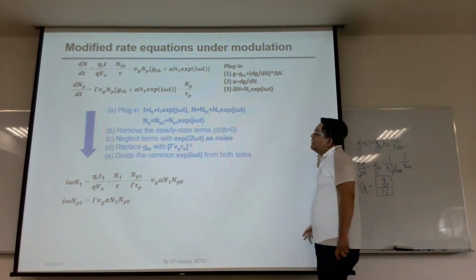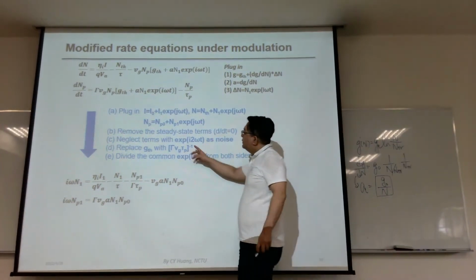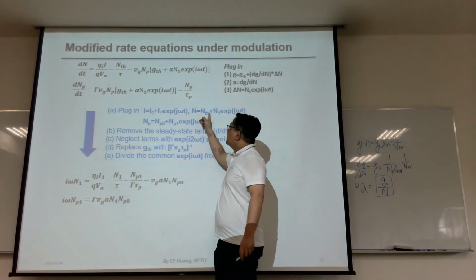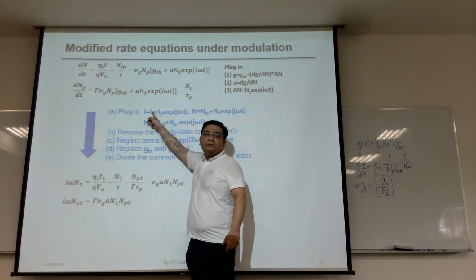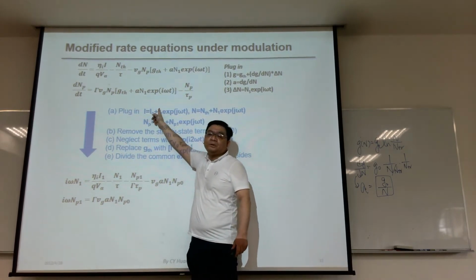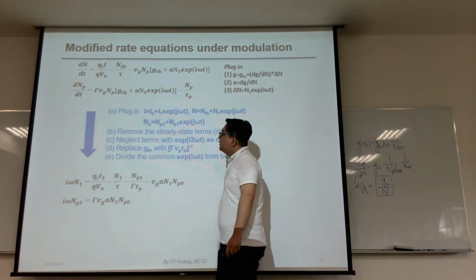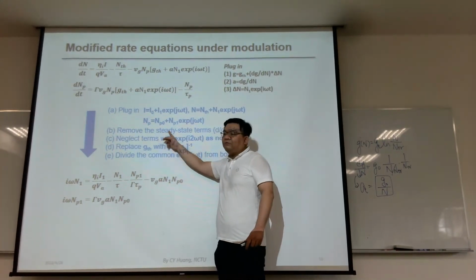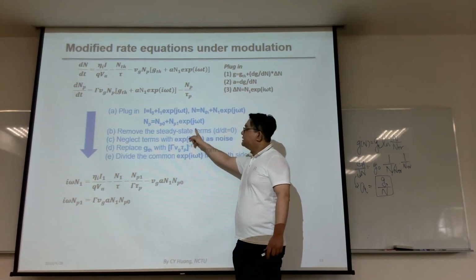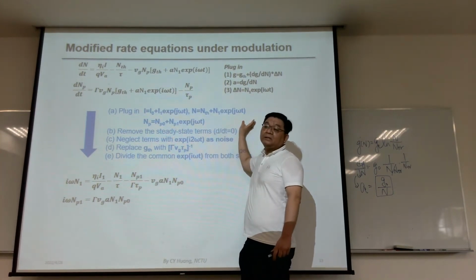And second, because we know that those terms with th or 0 in the subscript belong to the steady state term, you can remove all of them, because dg over dt is equal to 0 under steady state.